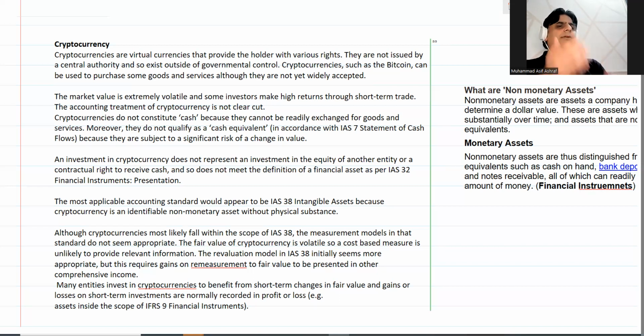The majority of investments in cryptocurrencies are basically short term, and we record them at fair values. But on the whole, until now we are saying cryptocurrencies fall under IAS 38 and we should apply the principles of IAS 38 to them. Okay.